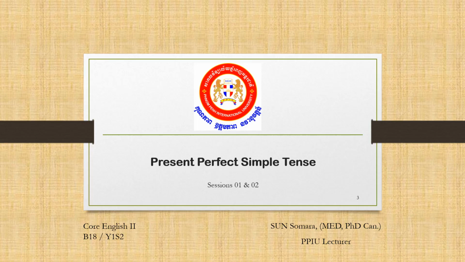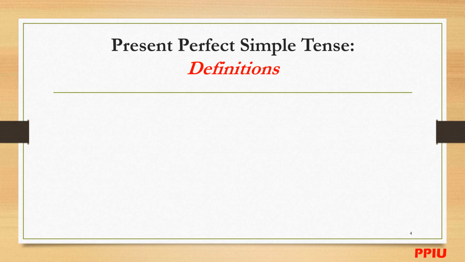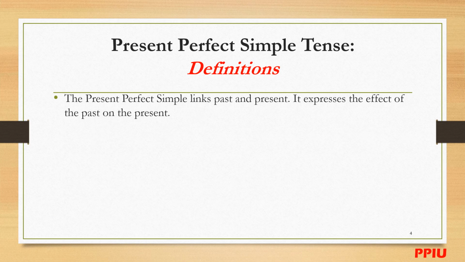So the first part we're going to focus on is the present perfect simple tense. What is the present perfect simple tense? The present perfect simple can link past experience, meaning it's a link between past and present.